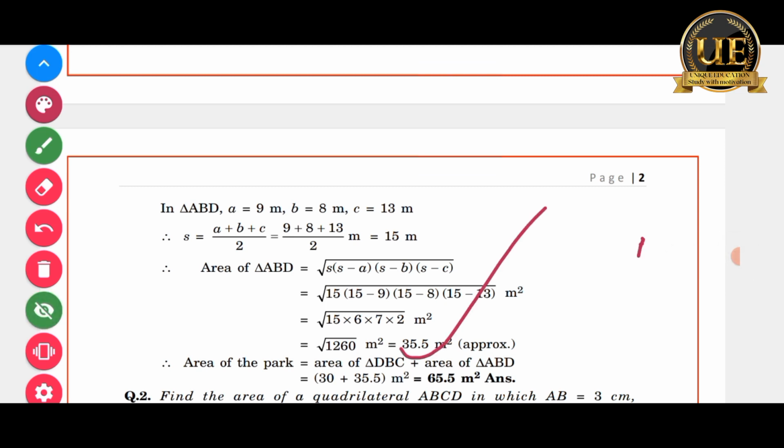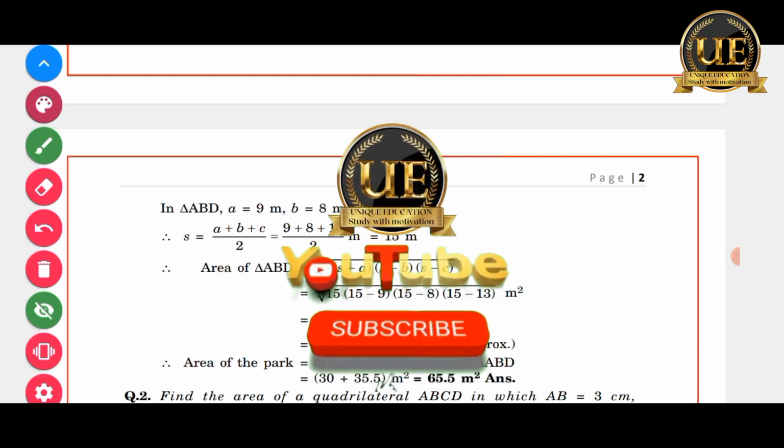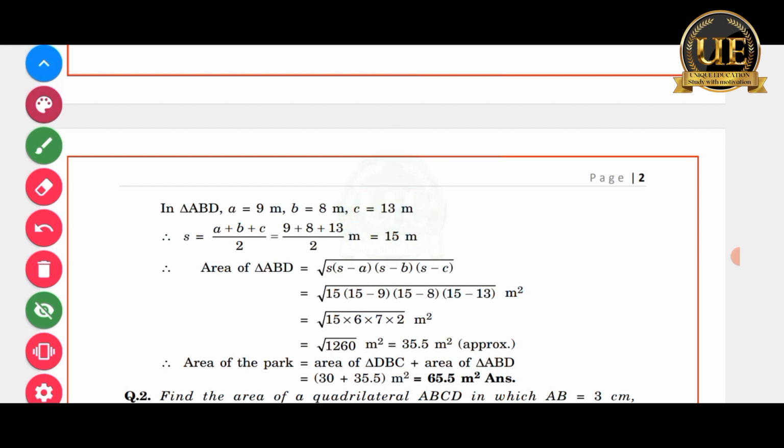Then put Heron's formula for the other triangle, where A is equal to 9 meter, B is equal to 8 meter, C is equal to 13 meter. So S is equal to (A plus B plus C) by 2, (9 plus 8 plus 13) by 2 is equal to 15 meter.